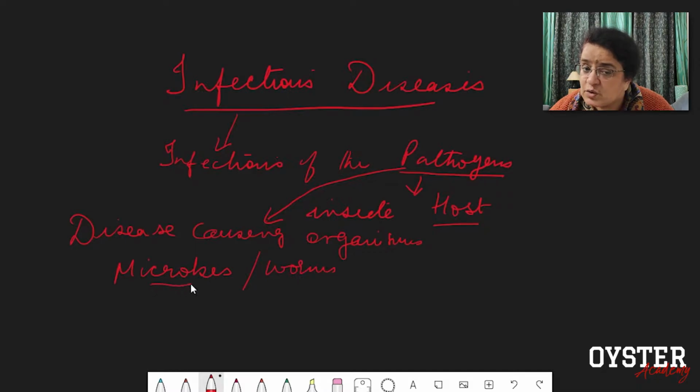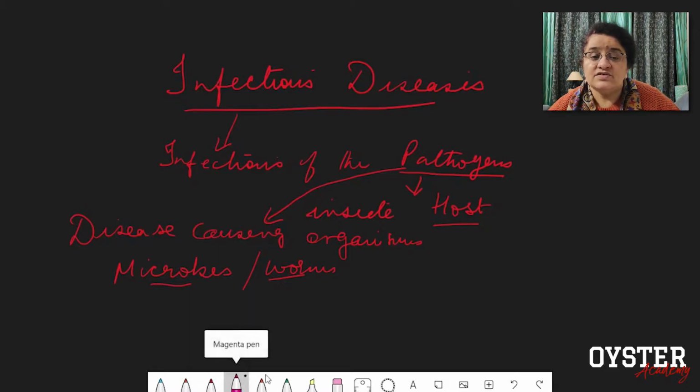So these microbes or the worms, not exactly the worms, the larvae of the worms. Larvae are the small eggs or another state of the eggs which enter the body of the host. When they enter the body of the host, what happens there?